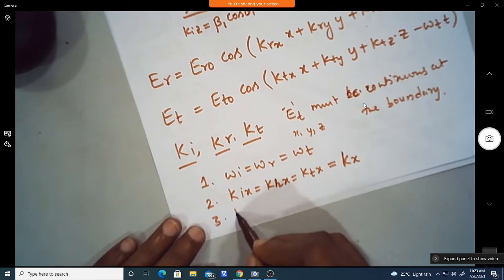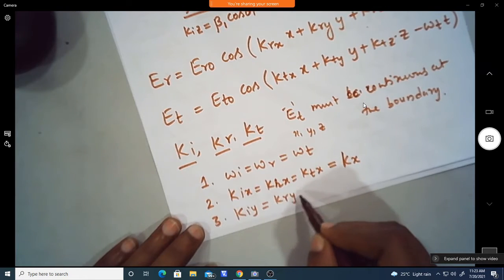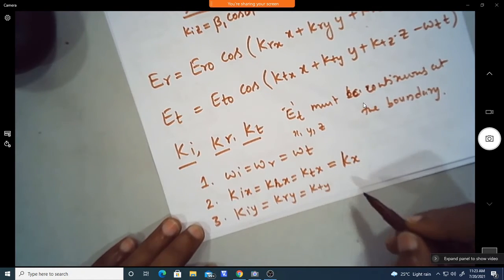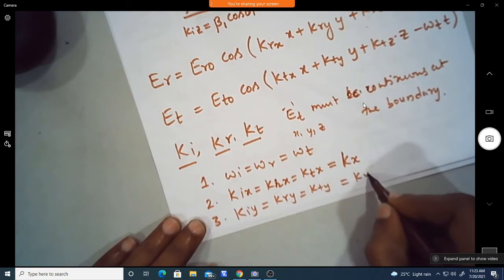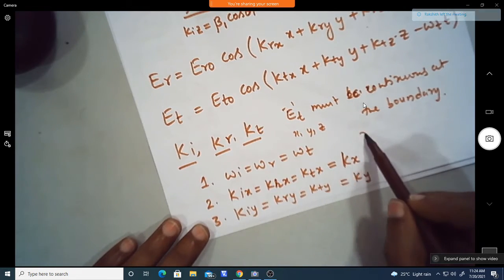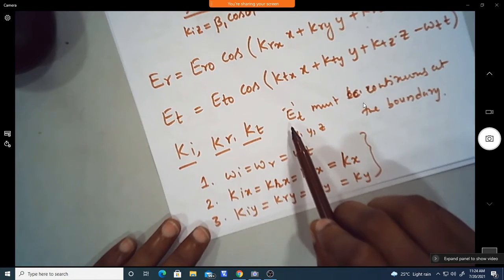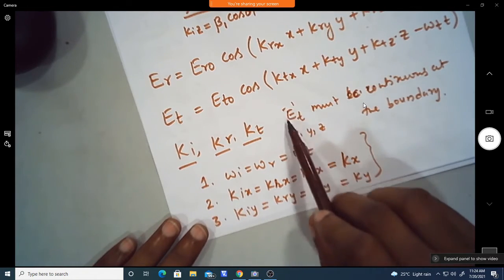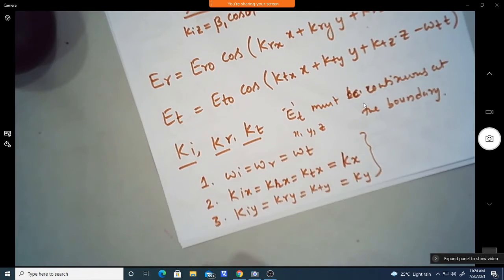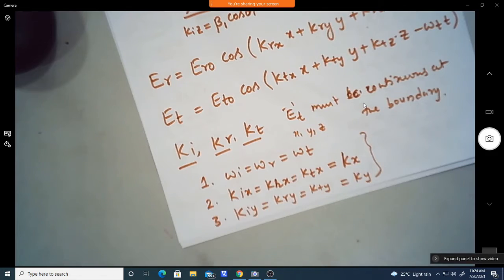Similarly the y components, that is kiy, kry and kty, should be equal to ky. Okay, so this condition should be met. In order for the electric field to be continuous at the boundary, these conditions should be met.